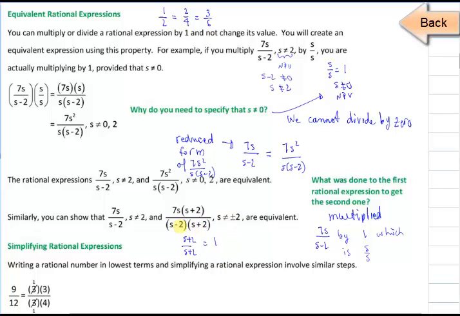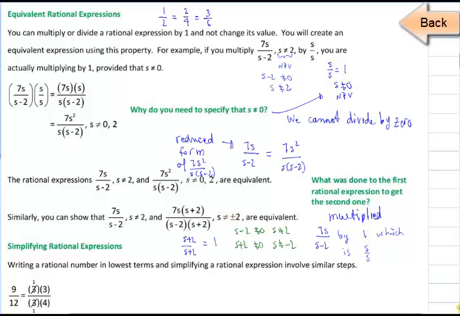And that's because if we take a look at our denominators here, we have s minus 2, which can't be 0, so s cannot be equal to 2. And we have s plus 2 cannot be equal to 0, and so s cannot be equal to negative 2. So that's where this s cannot be equal to plus or minus 2 comes from.